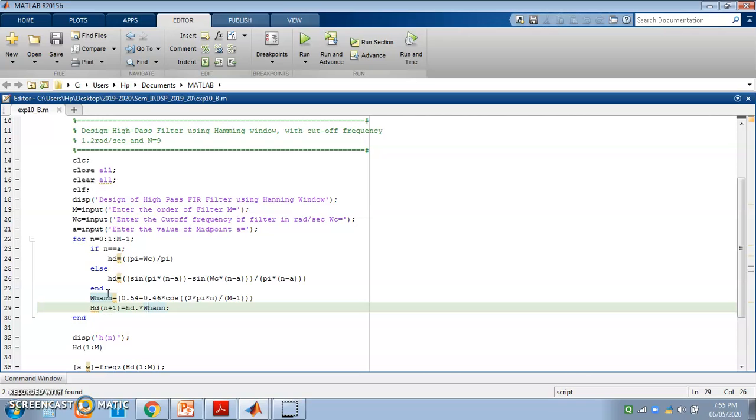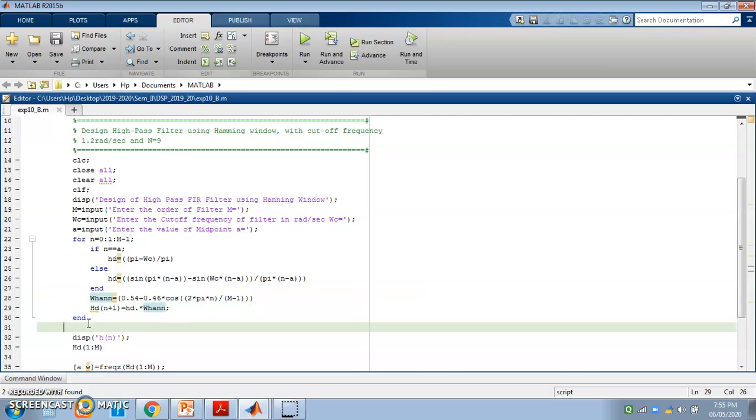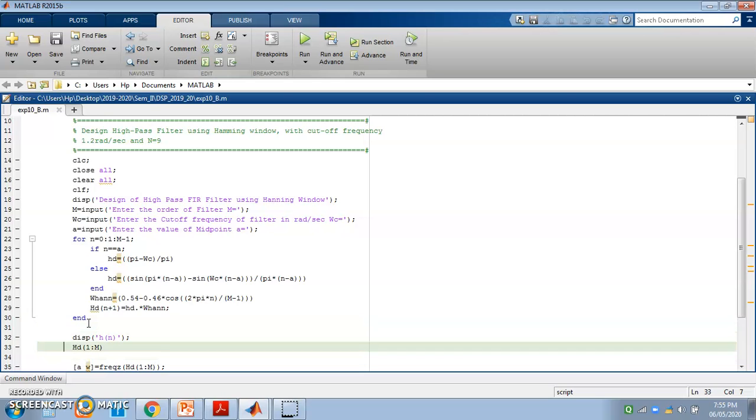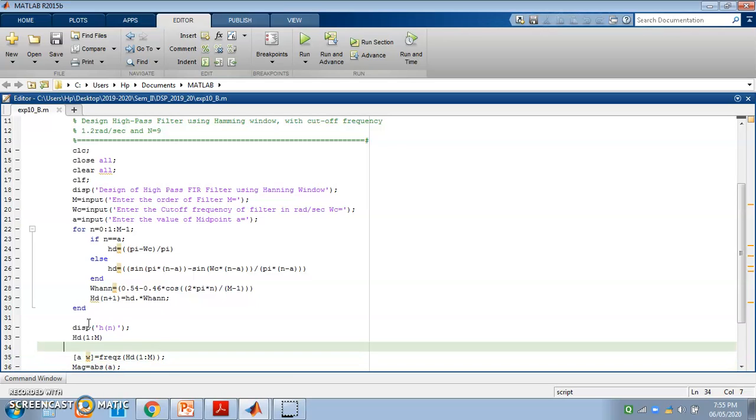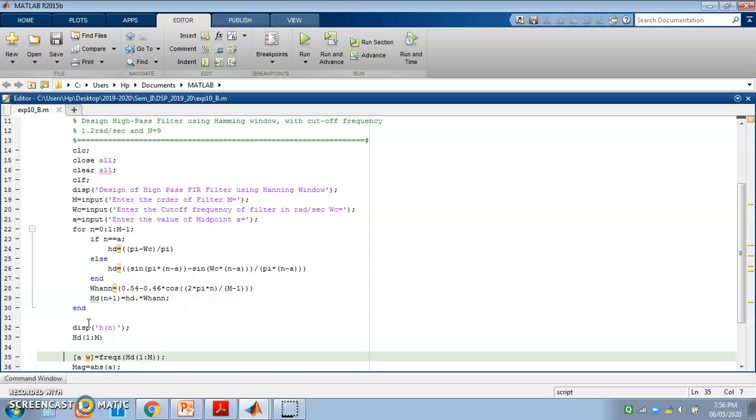So this for loop will calculate all the impulse response samples, and we can display the samples just by using the display command in line number 32 and line number 33. Once we know the impulse response, that is the causal filter's impulse response samples, we can convert that into frequency response by taking the Z transform and by solving the Z transform on the unit circle.